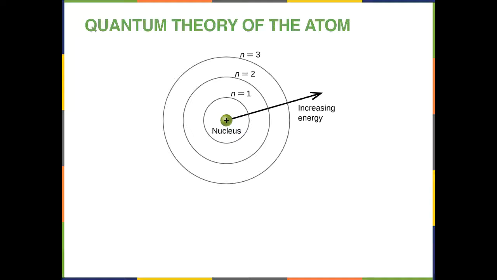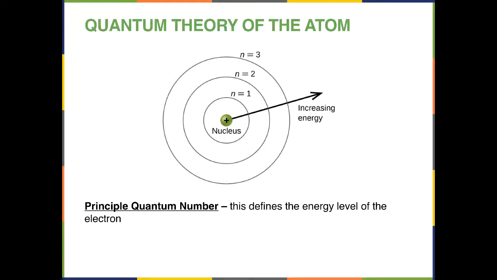Now, the first number in the quantum theory is the principal number, what's called n, and n represents the energy level of the electron. So the principal quantum number, or n, represents the energy level of the electron, and it goes from 1 to 7. The highest principal quantum number is 7.